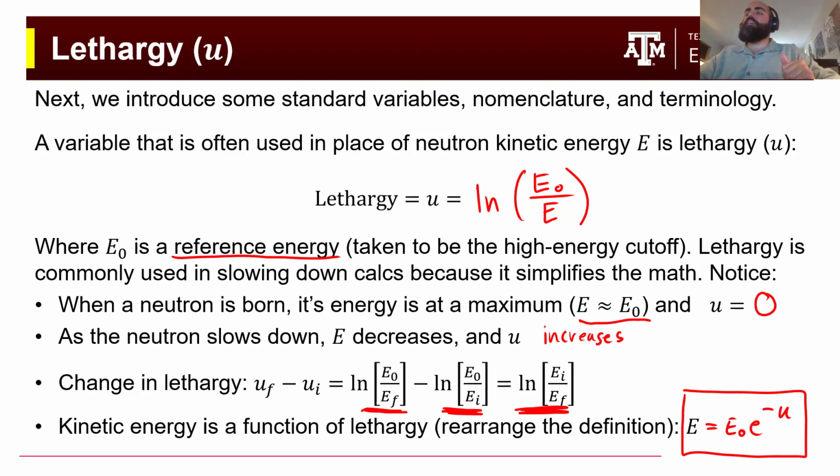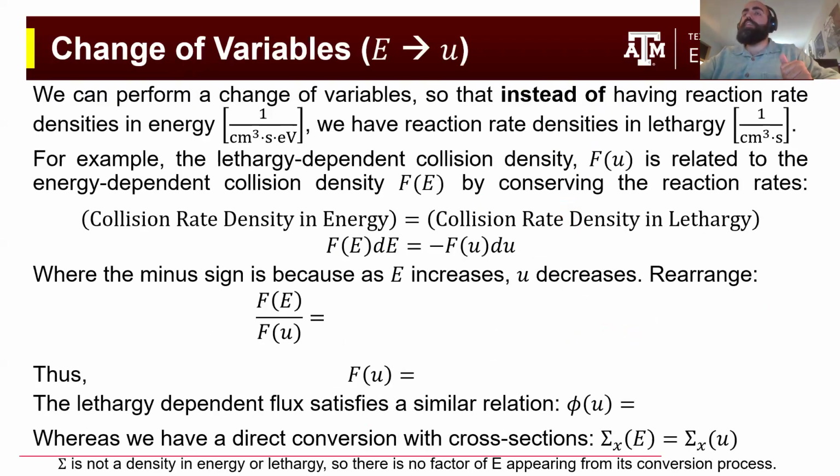So with these definitions, we have a way to do a change of variables from quantities of energy to quantities of lethargy. Like if we wanted a reaction rate density in energy, we could convert it into a reaction rate density in lethargy.